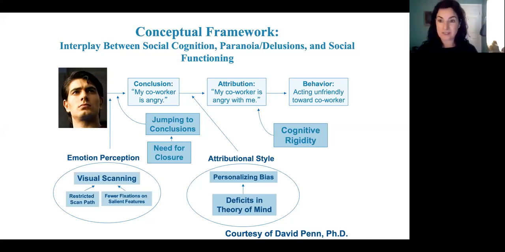Anyway, all of this is to say that something as simple as interacting with a coworker has all this stuff beneath it that science and great research has taught us that people with schizophrenia and psychosis encounter. So again, this is a complex picture here, and it's not to sort of memorize, but it's just to help you kind of understand how this works.